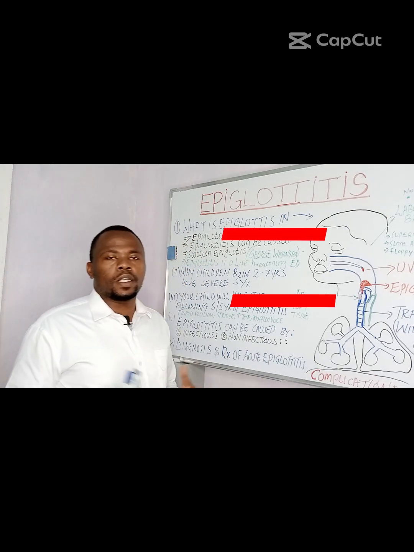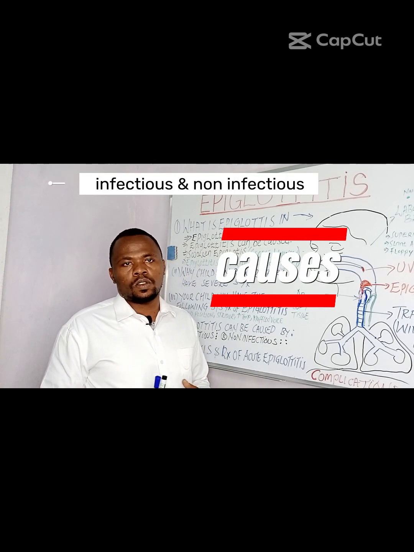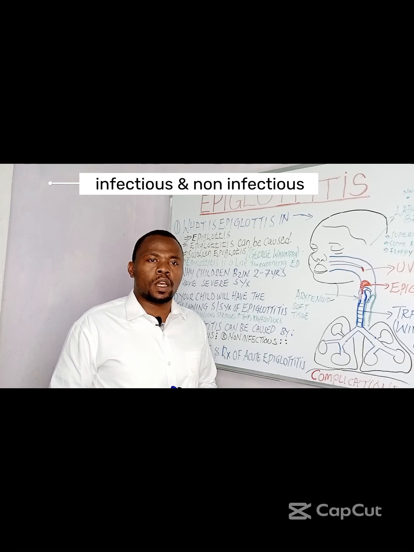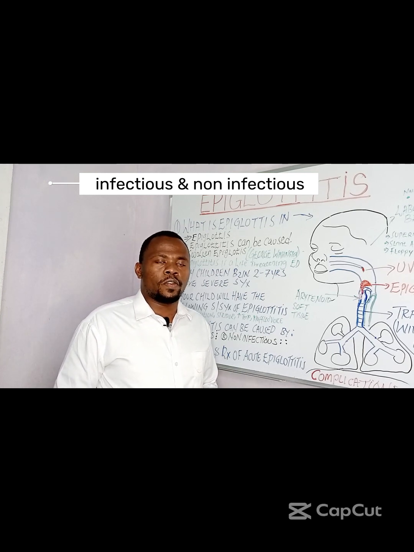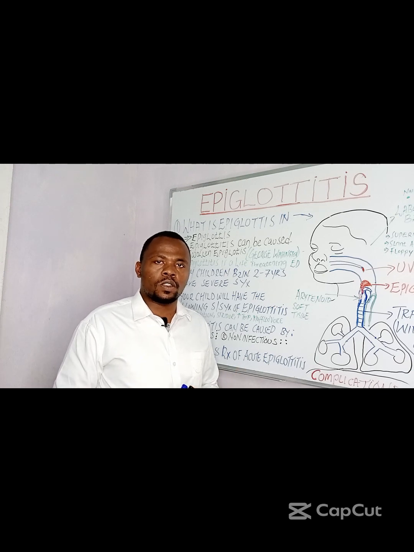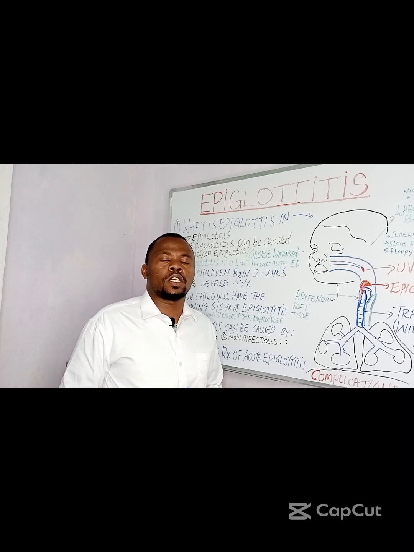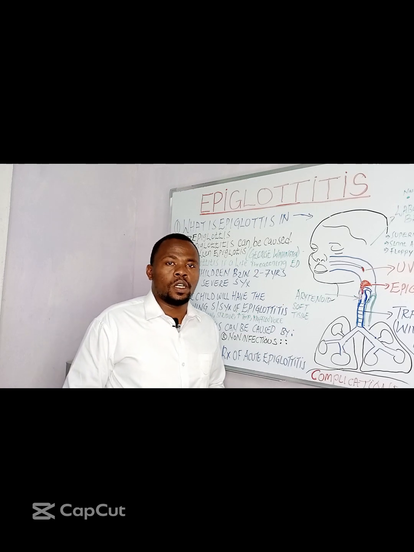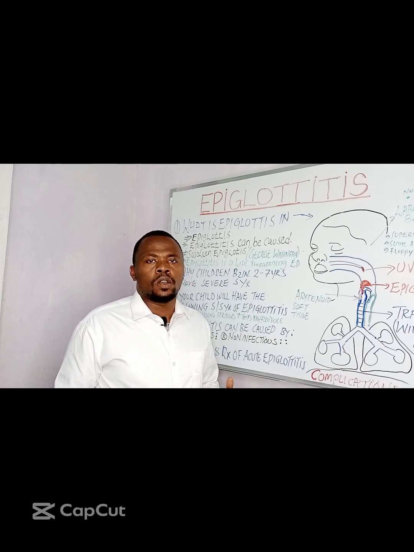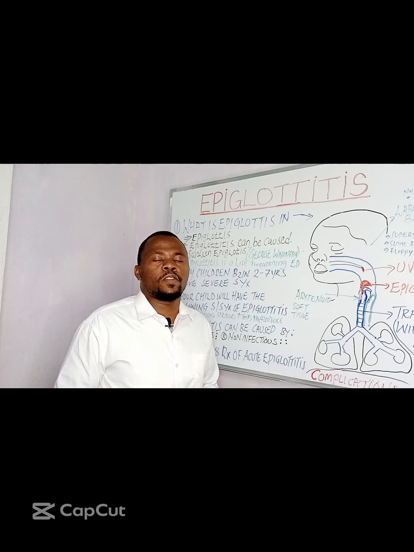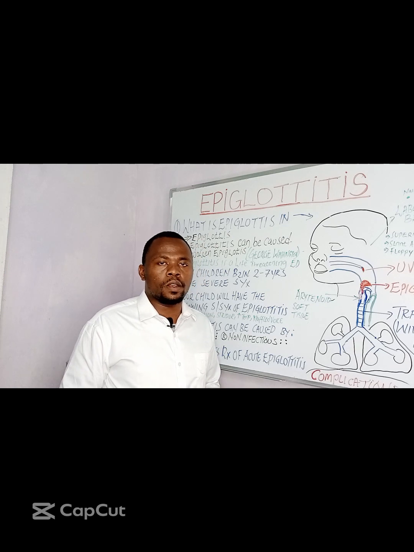Epiglottitis can be caused by infectious causes, and also by non-infectious causes. The most common infectious cause is a bacteria we call Haemophilus influenzae type B. Haemophilus influenzae type B is a major cause of epiglottitis, but fortunately, there is a vaccination that protects your child against contracting it.